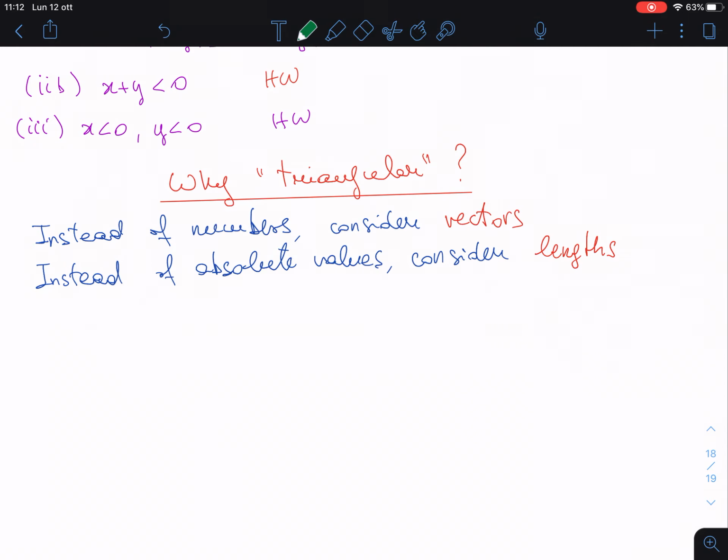Here you have a triangle made of vectors. Sides are vectors, so this is x, this is y as a vector, and this is x minus y, coming from the ordinary elementary algebra of vectors that you know very well.